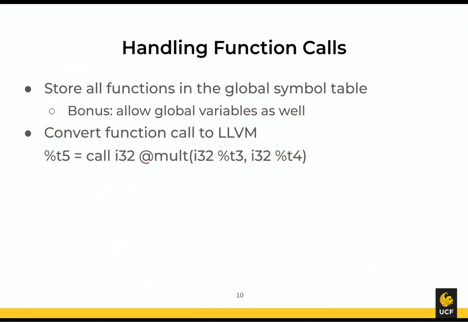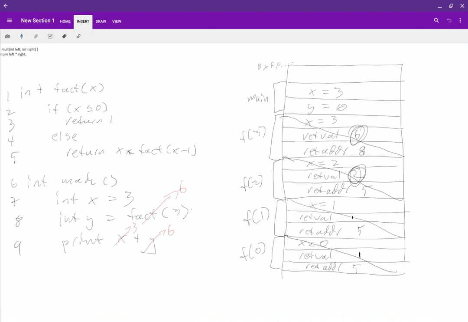So recall the difference between the formals and the actual parameters. This is the function call. Like in my factorial example, this is the definition, and this is the call. T3 might be the number 3, for instance, in the call. That's the call of the function. Good question.